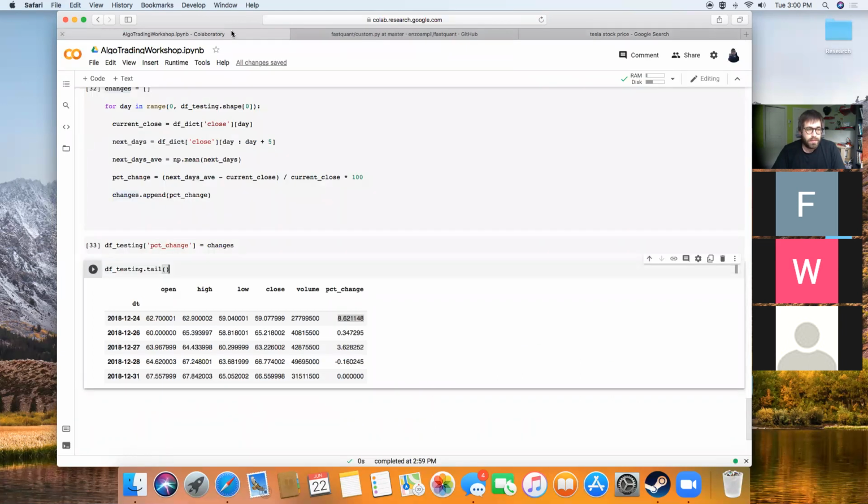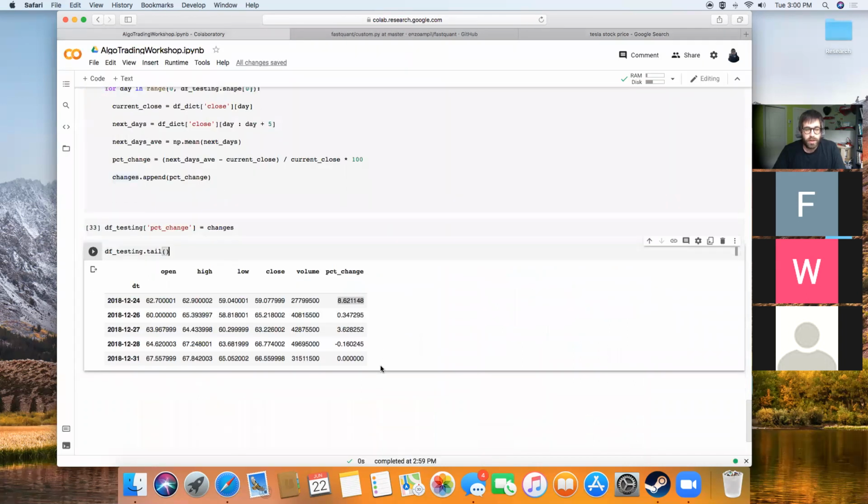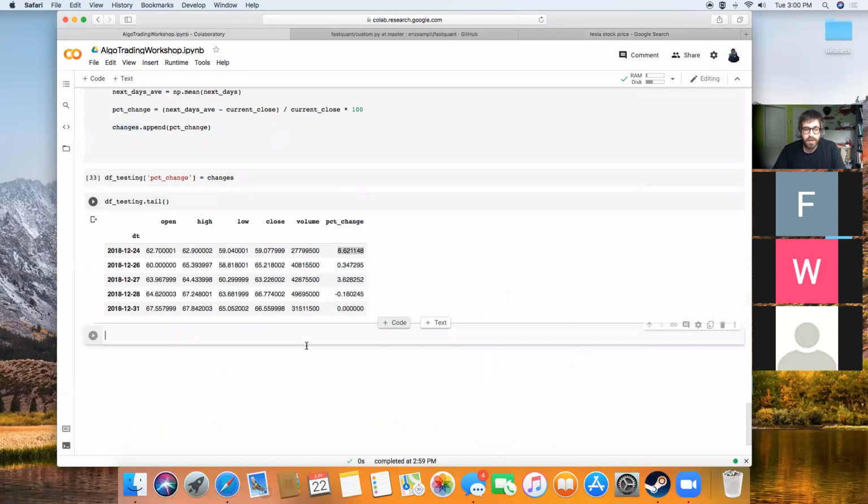Wait, what month is it? 12, so at the end of the year, and 24. Okay, it's going to be difficult to test here, but we can also look at the actual data.